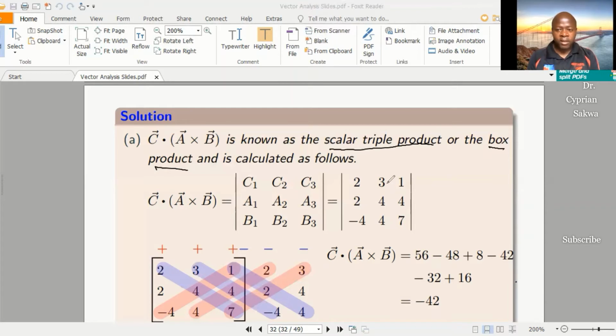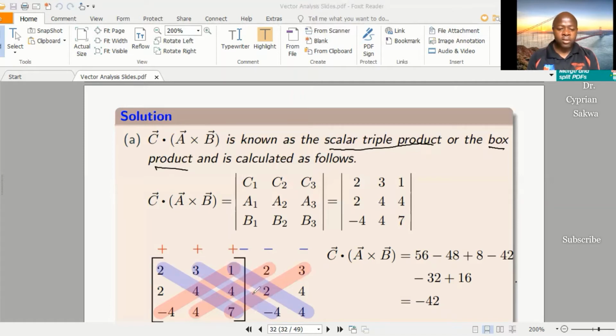So we find the determinant. There are various ways of finding the determinant of a matrix, and you know them, but I'll choose this easier one, where I write the matrix here, and these two columns I've added here.